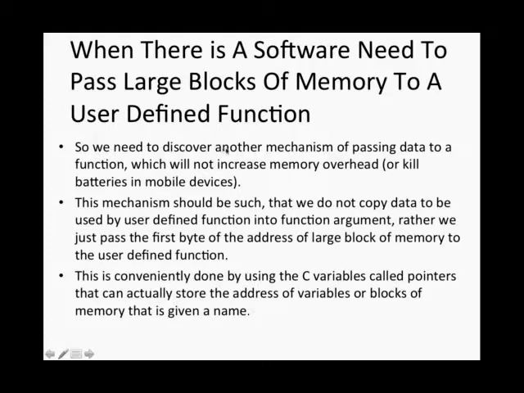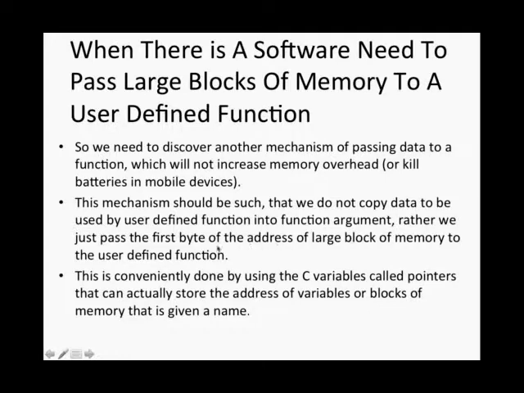So it is clear that for software to be efficient, we need to discover another mechanism of passing data to a function, which will not increase memory overhead or, to be blunt, not kill batteries in mobile devices. This mechanism should be such that we do not copy data to the user-defined function into the function argument.